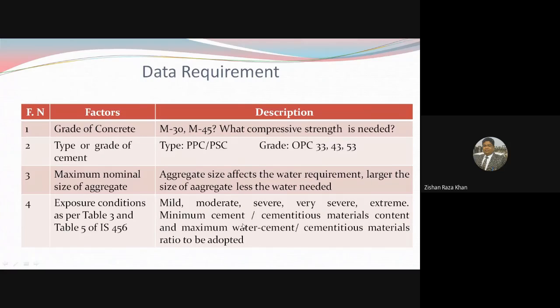So minimum cement content, minimum cementitious materials content, and maximum water cement ratio will be adopted and checked based on this exposure condition. Exposure conditions are very important while we do the mix design, because based on site conditions where concrete is going to be used, the designer needs to select the exposure condition. Are you aware about the exposure conditions, what they are, and how they are being selected?